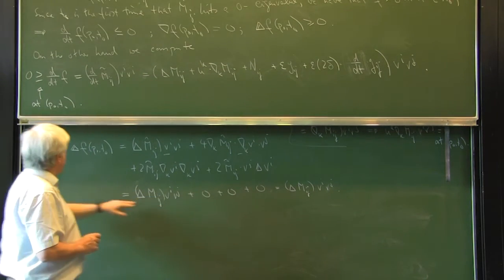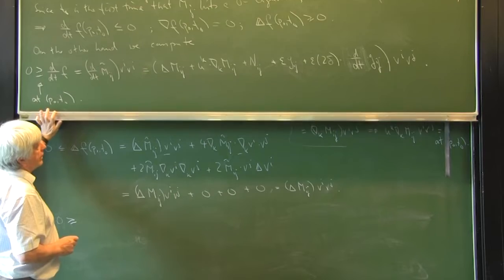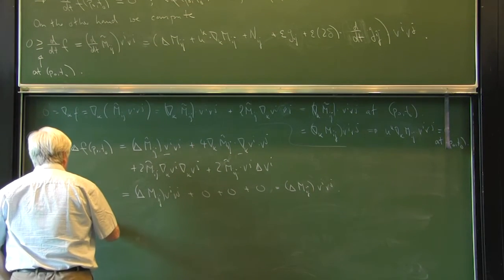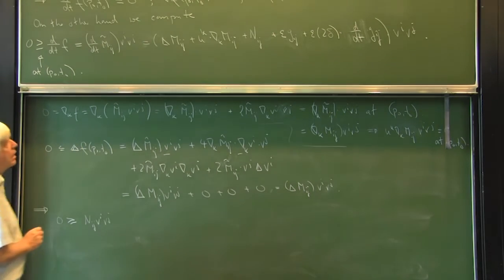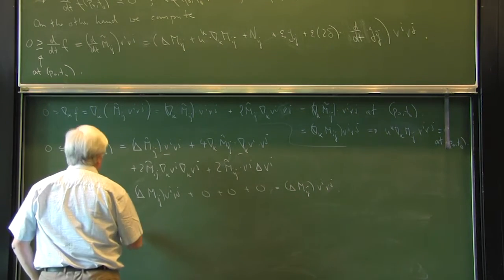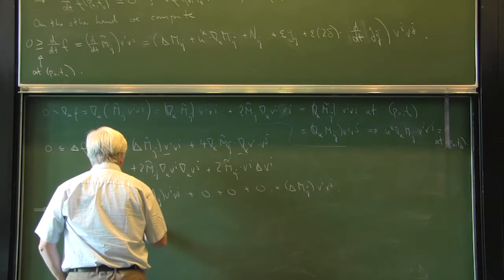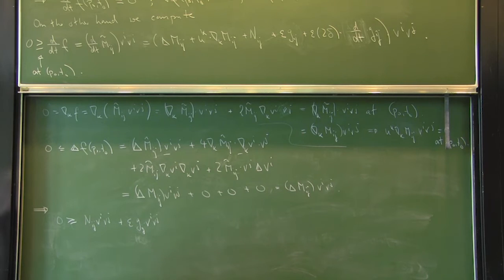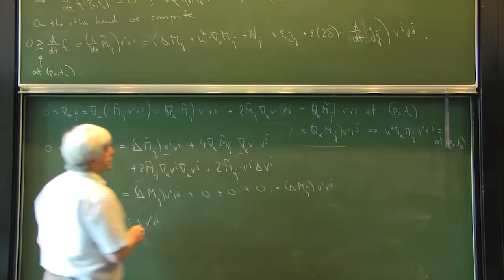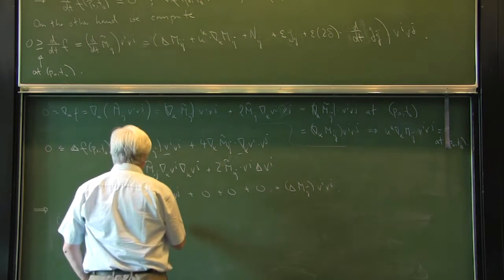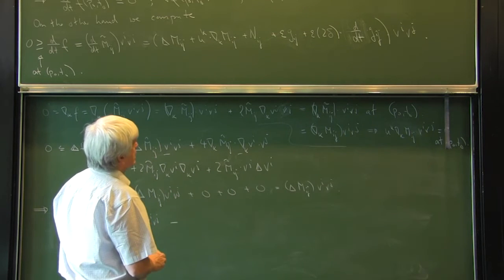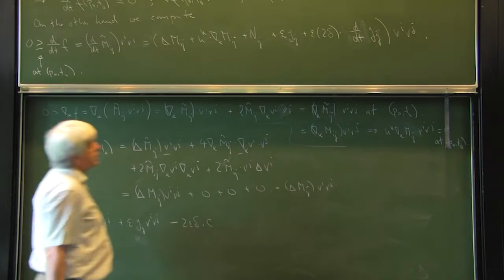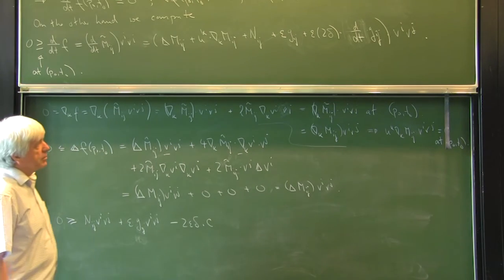And we've just computed that that is greater or equal to 0, so we throw it away. The next term is 0, so we have n_ij v_i v_j, and we have plus epsilon times g_ij v_i v_j, and we have plus, and this one we estimate from below by minus 2 epsilon delta times a constant, depending on the maximum of the time derivative of the metric.